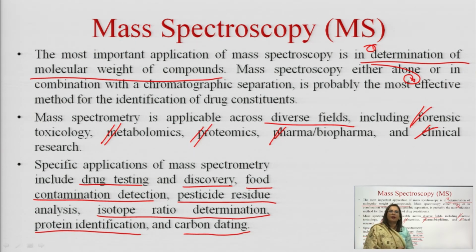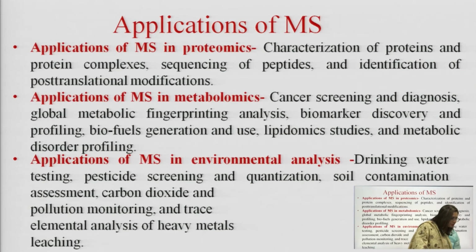So, identifying the biologically active isotope is important, and determining the ratio of such active isotopes is important. Then pesticide residue control, or in the standardization of herbal medicines or any other formulation that is intended to be used in the food industry, is also an important part of mass spectrometry application.